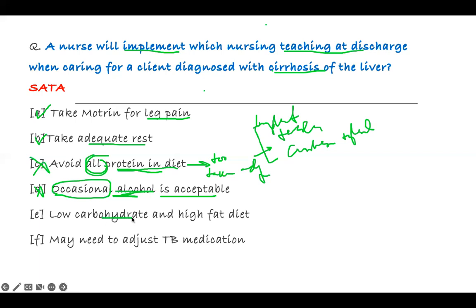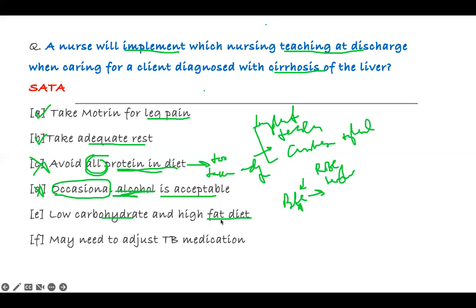Low carbohydrate and high fat diet. I know that I need bile to make and break it down. But the bile cannot go into the system because it's getting congested. The liver is very congested. The bilirubin is coming from red blood cells, and the liver is going to break it down. This is red blood cell hemoglobin. That's the product of that. So the liver tries to lower it.